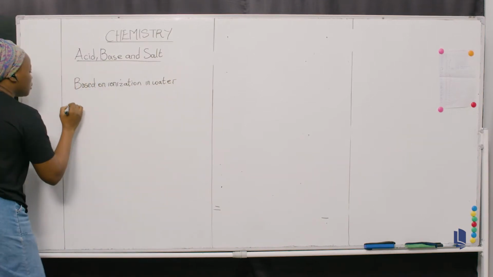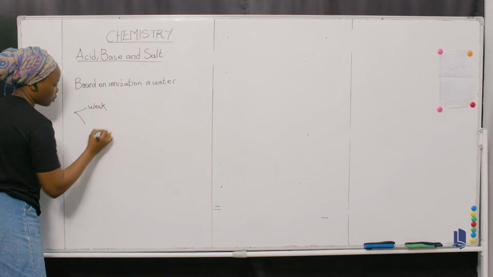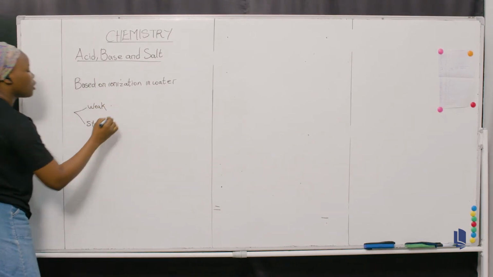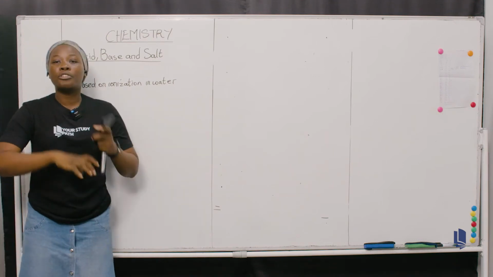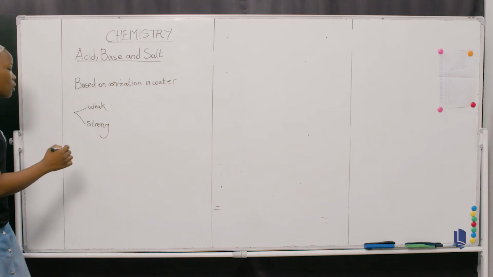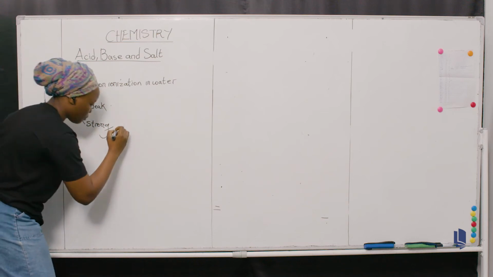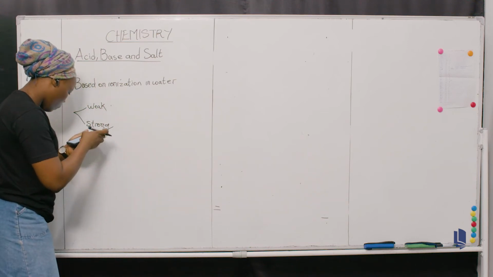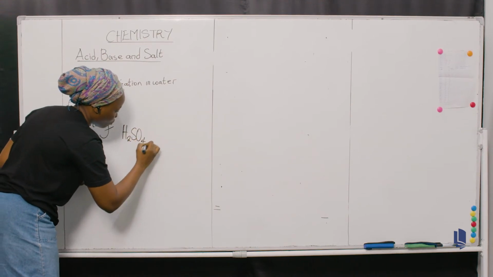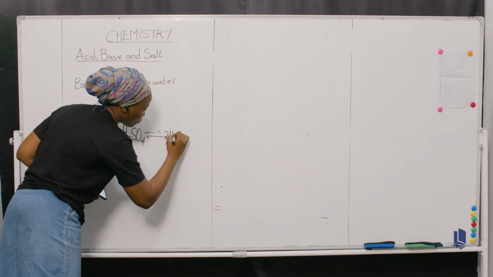Here we have the weak and the strong. For the weak acid, not all of the replaceable hydrogen has been ionized. Whereas for the strong acid, all of the replaceable hydrogen, like, let me give an example.